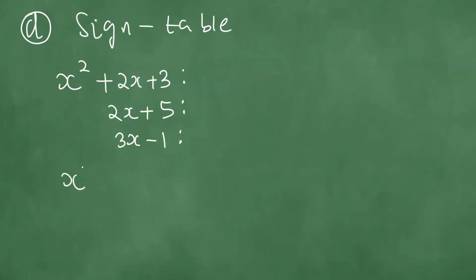And then we have x squared plus twice x plus 3, twice x plus 5.